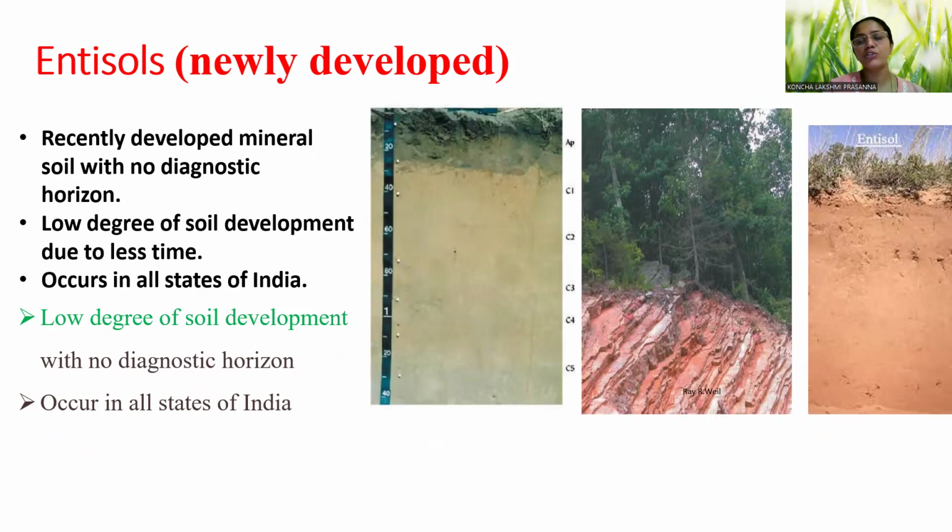It occurs in almost all states of India. Here the important point in entisols is that these are the recently developed soils, and due to less time the soil development is very less.